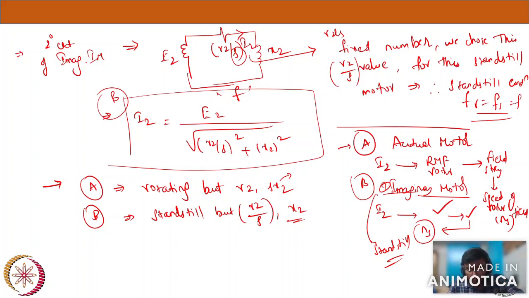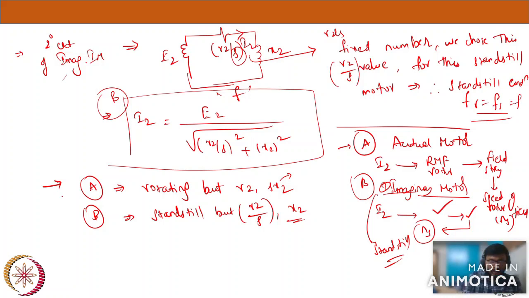Now answering that point, to answer that question, we took an imaginary motor with the R2 by S resistance, that is a hand calculated resistance, and we made that imaginary motor a standstill condition. In both conditions we try to keep I2 the same, and you see the magnitude of I2 is the same, and the power factor angle of I2.